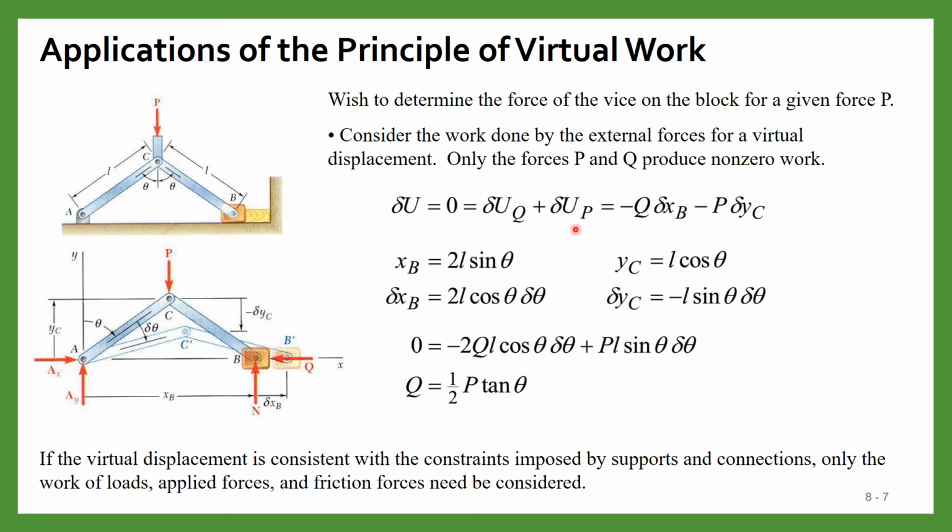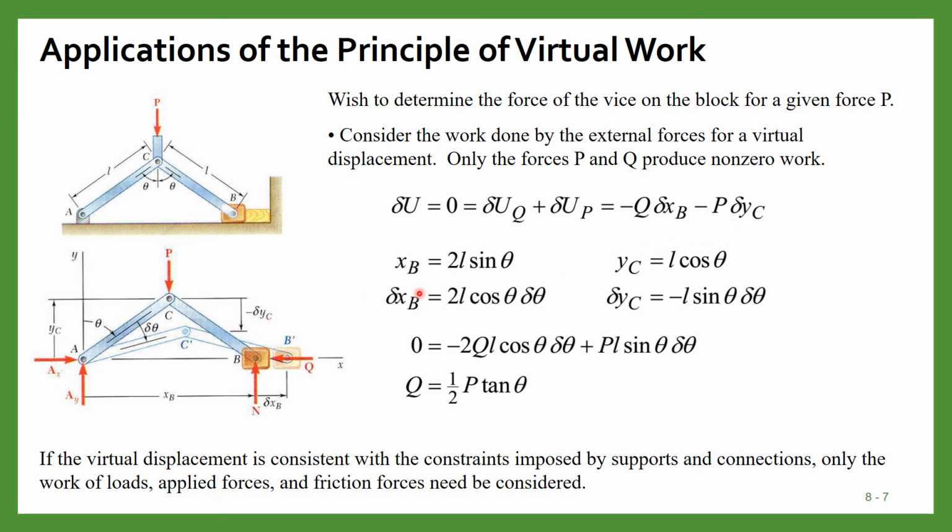Now the work because of Q: this is the displacement, and both are in opposite directions, so the work is minus Q delta xb. And the work of P is P delta yc, and because yc is negative, it is minus.